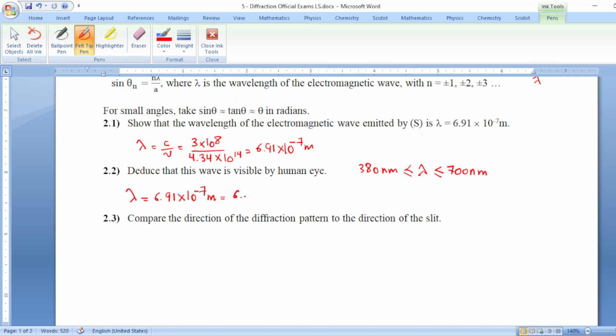We get 6.91 times 10 power minus 7 times 10 power 9, which gives 691 nanometers, which is between 380 and 700. So this radiation can be detected by a human eye.